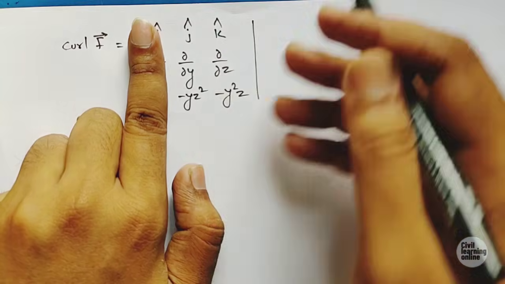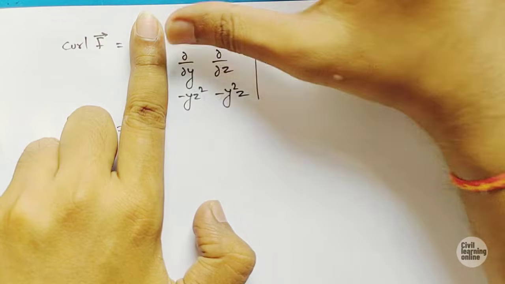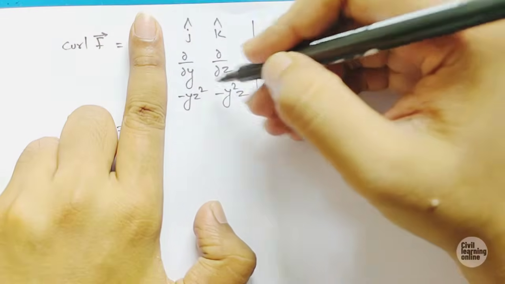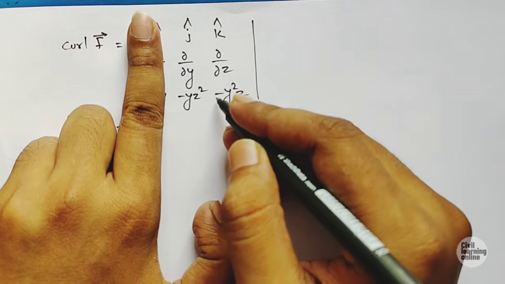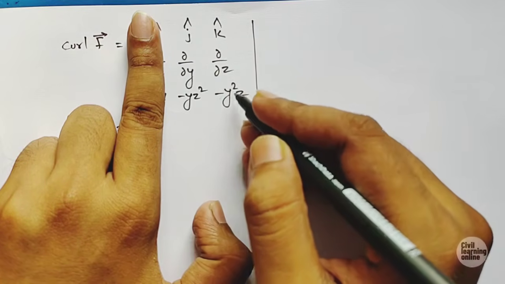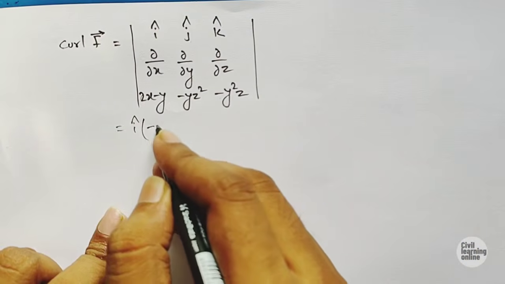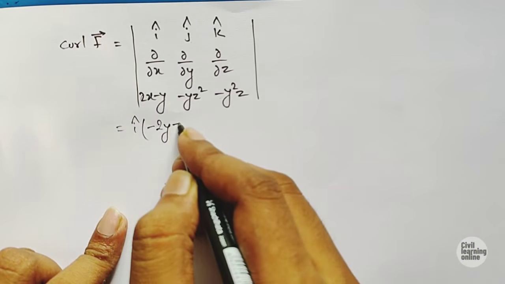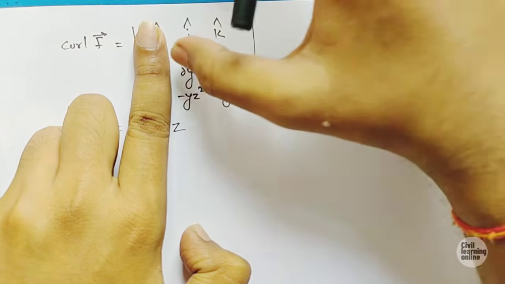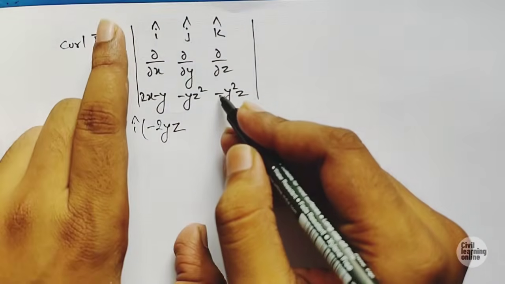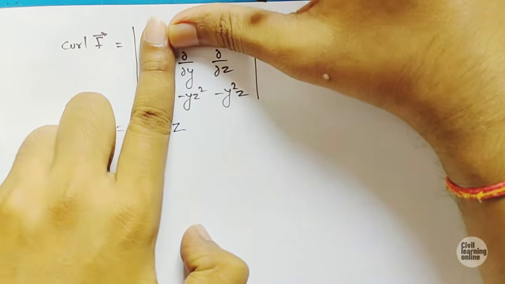So now differentiate this portion, minus y squared z, with respect to y. On differentiating minus y squared z with respect to y, we get minus 2yz. As I said, we are proceeding down, which means positive, so it will be as it is.